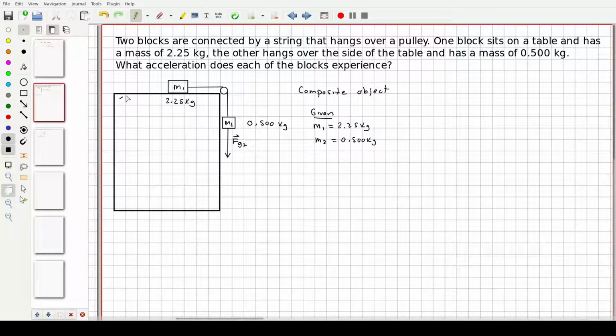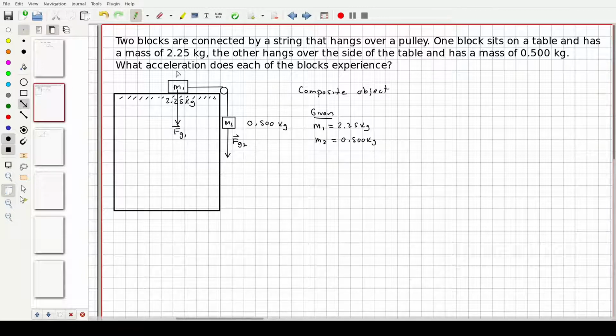Now we also know that this table represents a solid object that's a boundary. The block can't move beyond it. So it pushes into the table and the table pushes back. Why does it push into the table? Well, it too has a weight. So we'll call this Fg1.